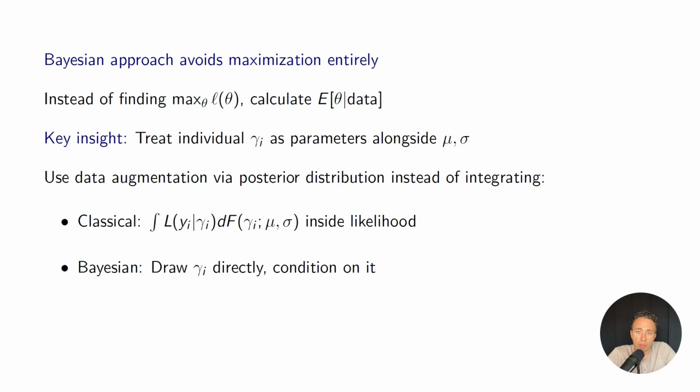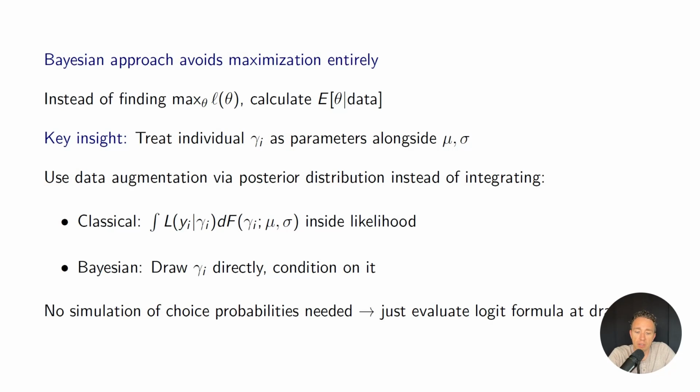And so what we're going to do is something called data augmentation. The posterior distribution is going to augment our data in a predictable way. Then instead of trying to maximize a complicated likelihood function, we can instead just draw the posterior values of those gamma i's directly. When we condition on the data, that's what we mean by the posterior distribution.